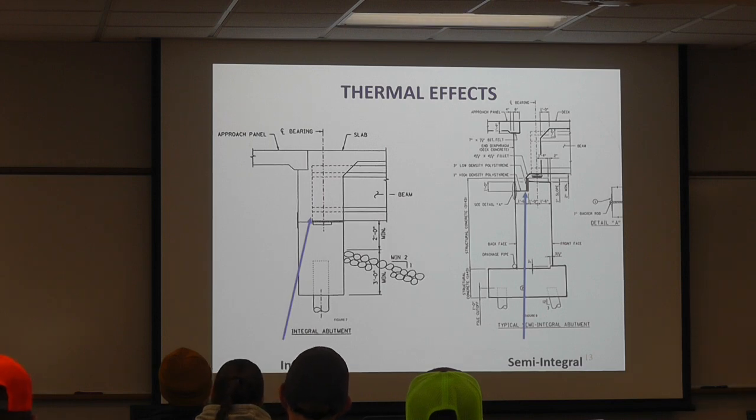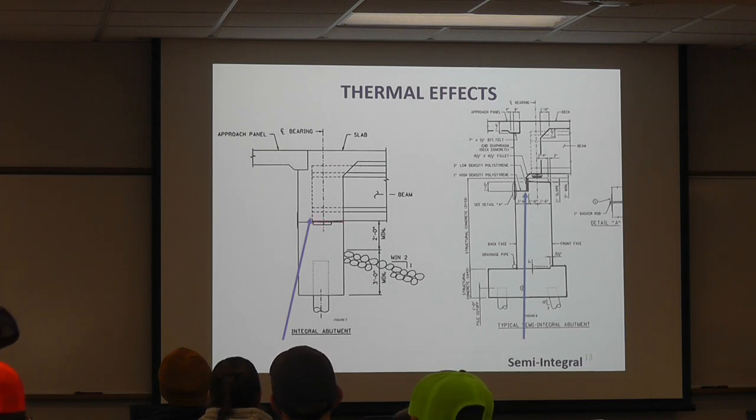So the thermal effects: how do these bridges move? In a fully integral abutment, we see everything is tied together. There is some polystyrene on the outside of this, and a little bearing, just a rubber pad. That's the only bond breaker, but otherwise it's solid concrete coming all the way through, to the end of the beam.